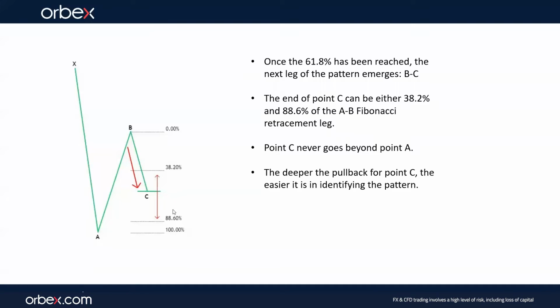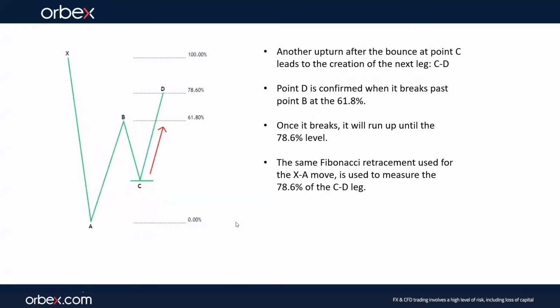Most commonly, it goes around the 50 to 60% area to get a reasonable pullback. It's important to know that the deeper the pullback for point C, the easier it is to identify this pattern. If we go more than 38.2, then it's an easier setup and an easier pattern to identify in that characteristic.